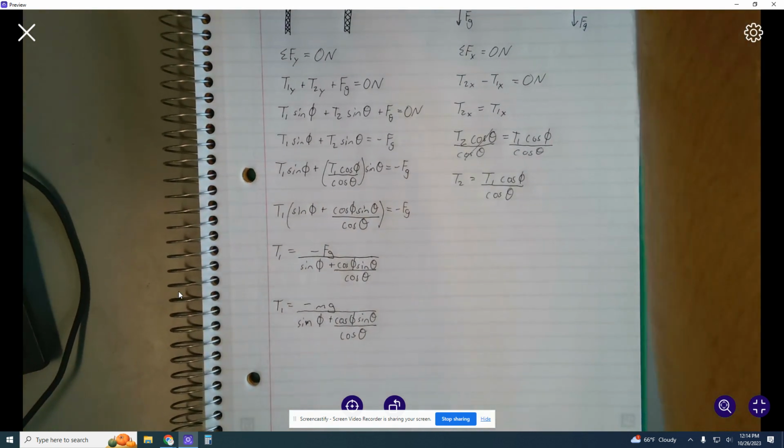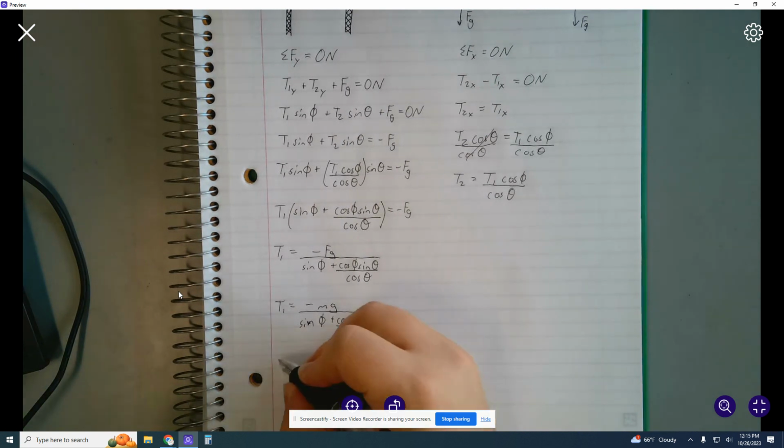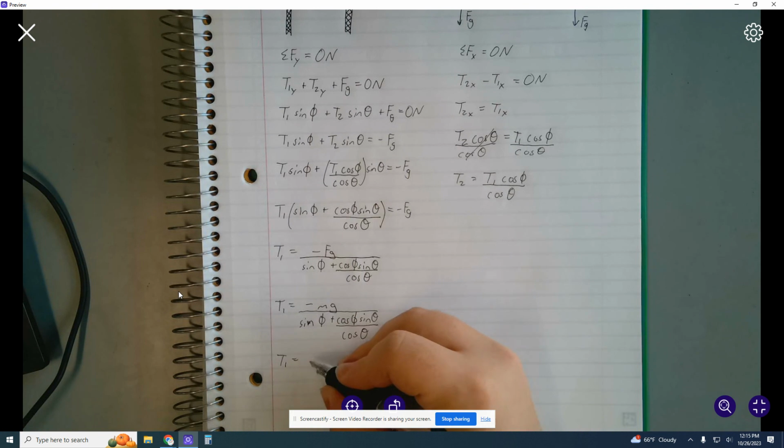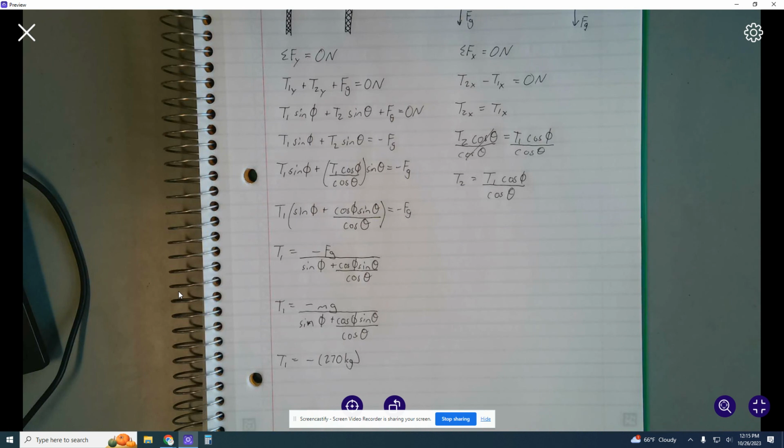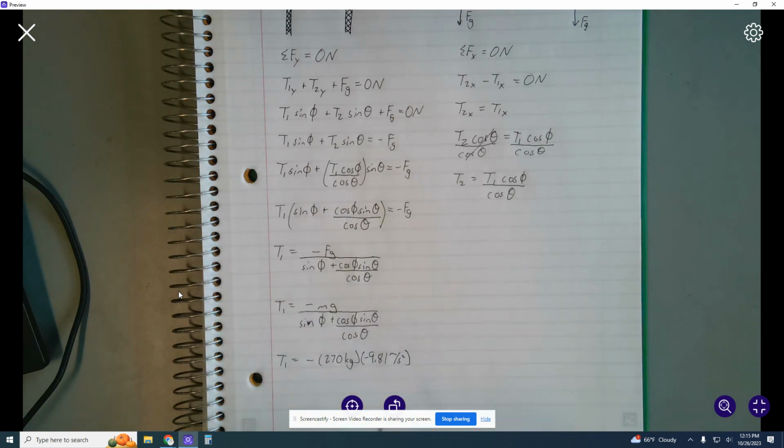So now we finally have things we can plug and play for and figure out what our T1 actually is. So T1 is going to equal negative 270 kilograms. Notice how I'm still writing all my units, times negative 9.81 meters per second squared. That number wasn't given to us. We just know that because it's a constant we use.